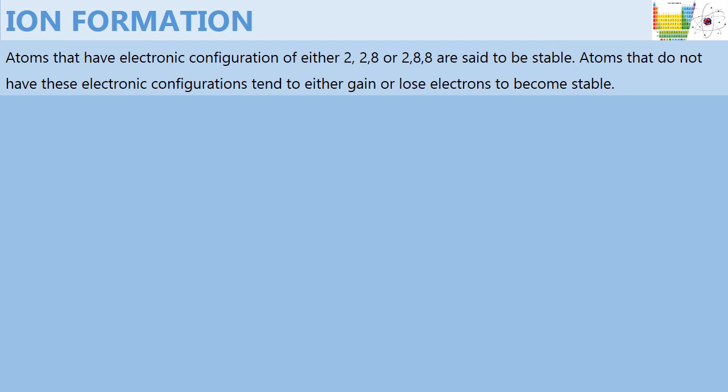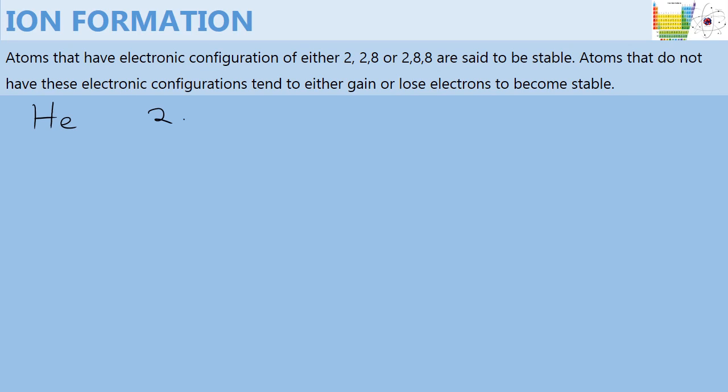Now, first things first. Do you remember the atom with the configuration of 2? Well, it is helium. So helium has a configuration of 2.